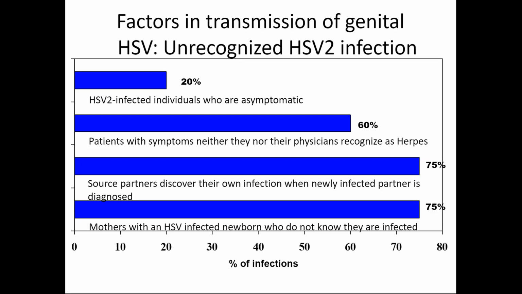And another 60% of patients have symptoms that neither they nor their physician recognize as an HSV infection. 75% of source partners discover their own infection when their newly infected partner is diagnosed. And 75% of mothers with an HSV-infected newborn do not know that they are infected with HSV-2. So this is a big factor in transmission.